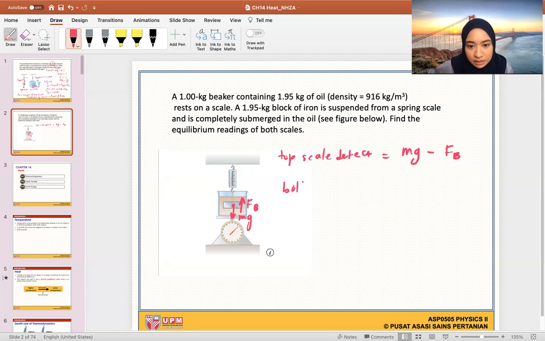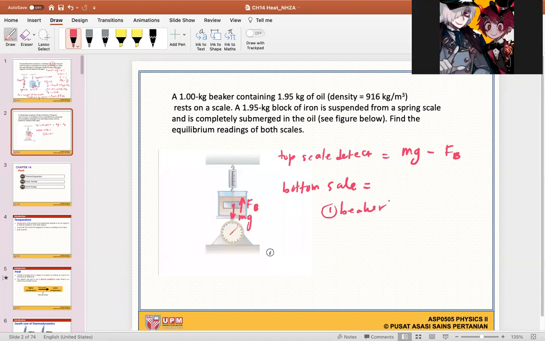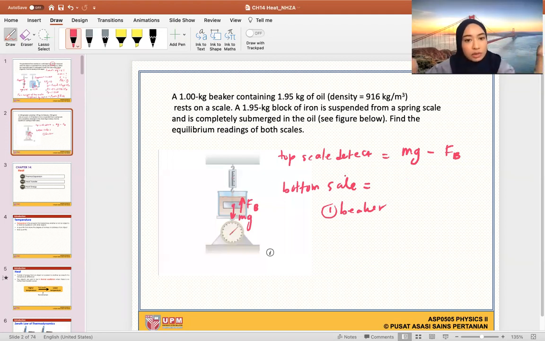What about the bottom scale? What is the bottom scale detecting? So we have the beaker, right? The one with oil. Just now, the top scale did not detect the beaker because the beaker was not attached to it. The top scale was only attached to the block of iron and to some buoyant force acting on the iron.